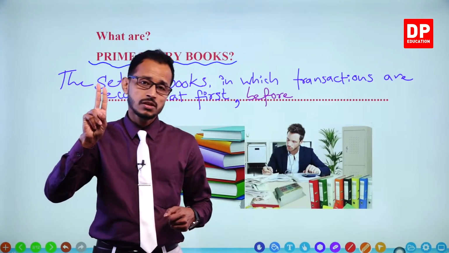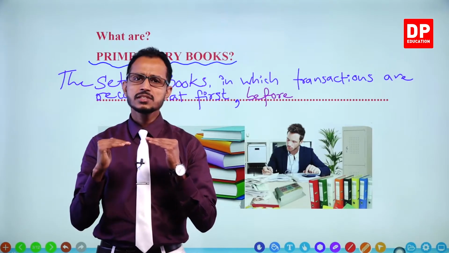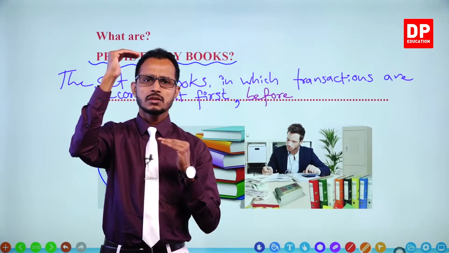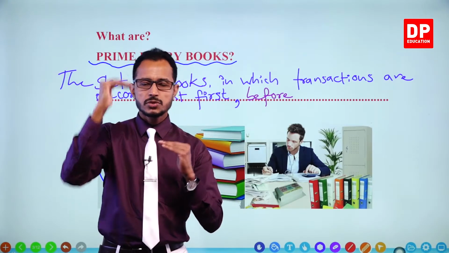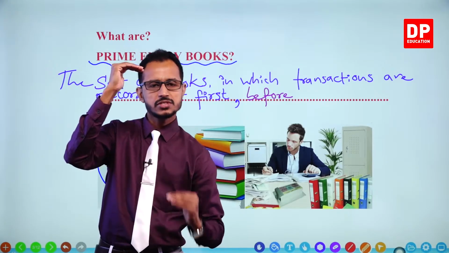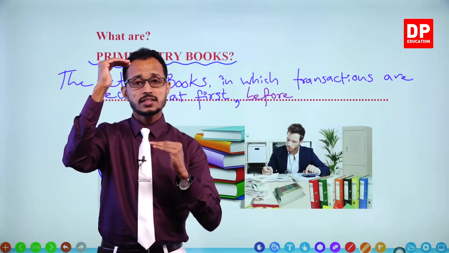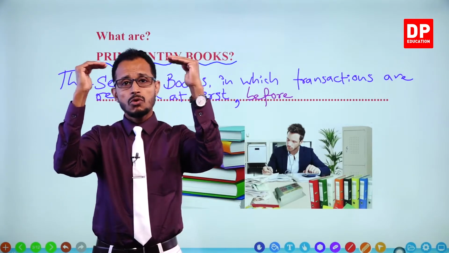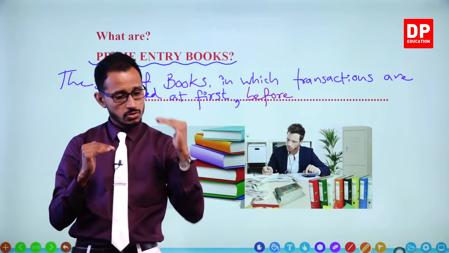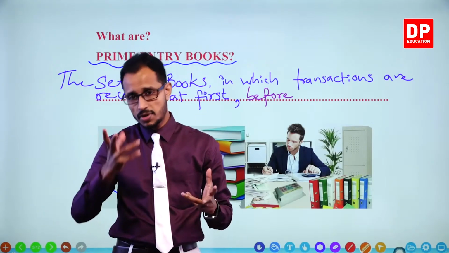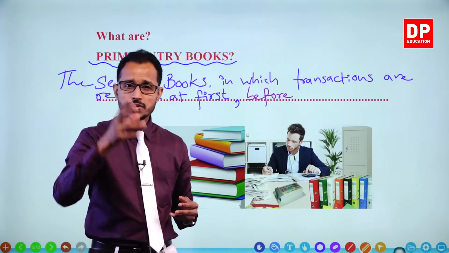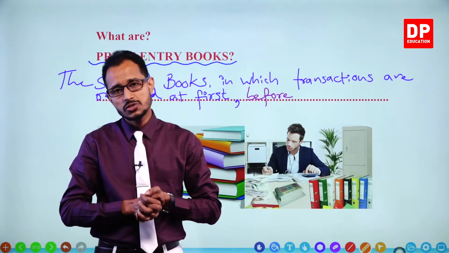Two effects. Something increases and something decreases, or something increases and the other thing also increases, or something decreases and the other thing also decreases. I have taught you, you have learned these things, children.